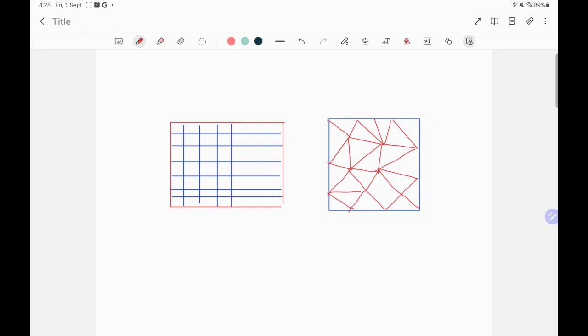Now there is also discretization at the level of the equation.